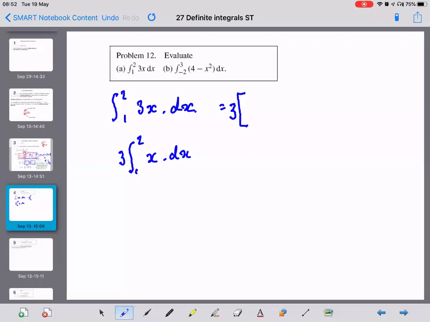That was the constant multiplier rule that we looked at last week. Okay. And then if we take x to the 1, it must go x to the 2 over 2. And then we can ignore the constant of integration because they cancel. We've got to evaluate between x is 2 and x is 1.